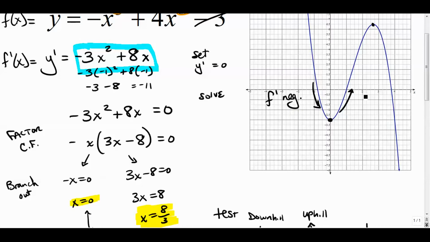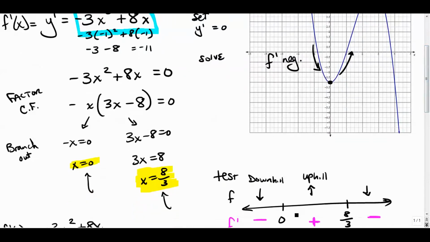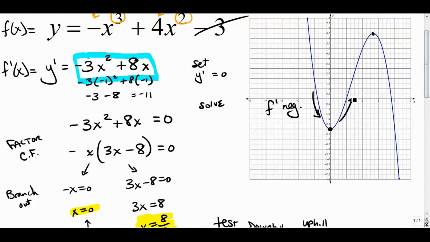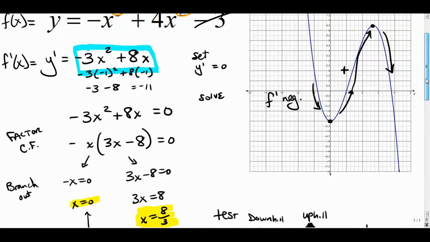Over here, from 0 to 8/3, my function goes uphill, and that means that my derivative is positive. And then it switches and goes downhill from 8/3 to infinity. So it goes negative, positive, negative.